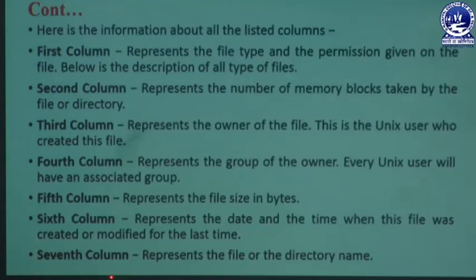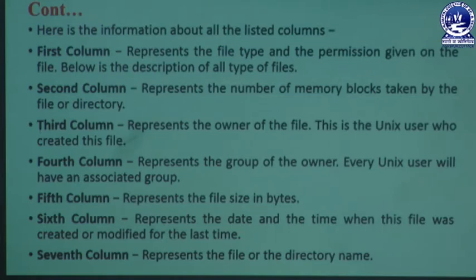So these are the pieces of information used in the listing of files whenever the user takes the -l option. The -l option gives a fundamental idea about the files, organized in these seven columns, first to seventh, which we discussed in this slide.